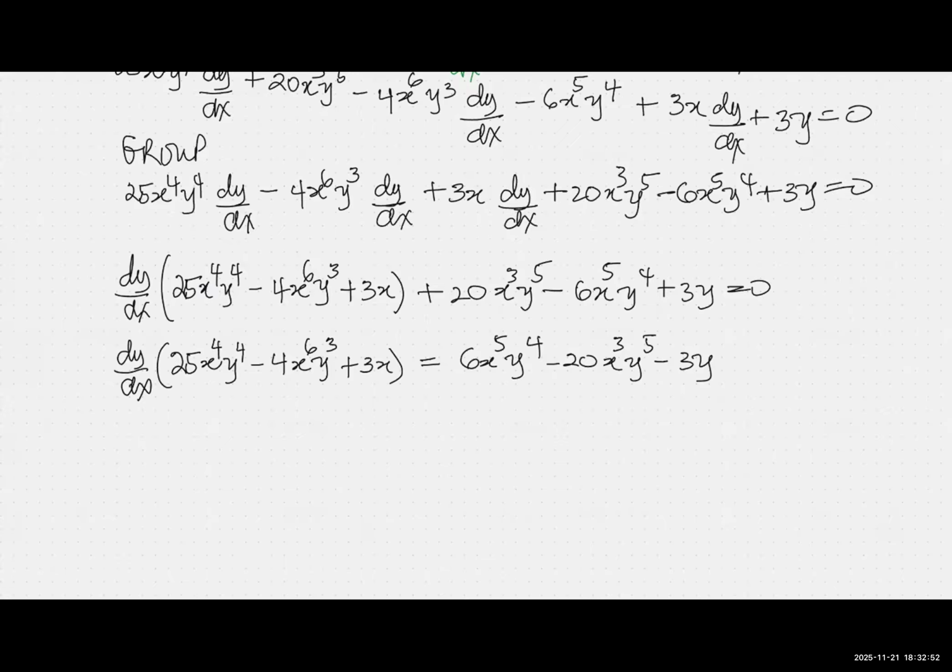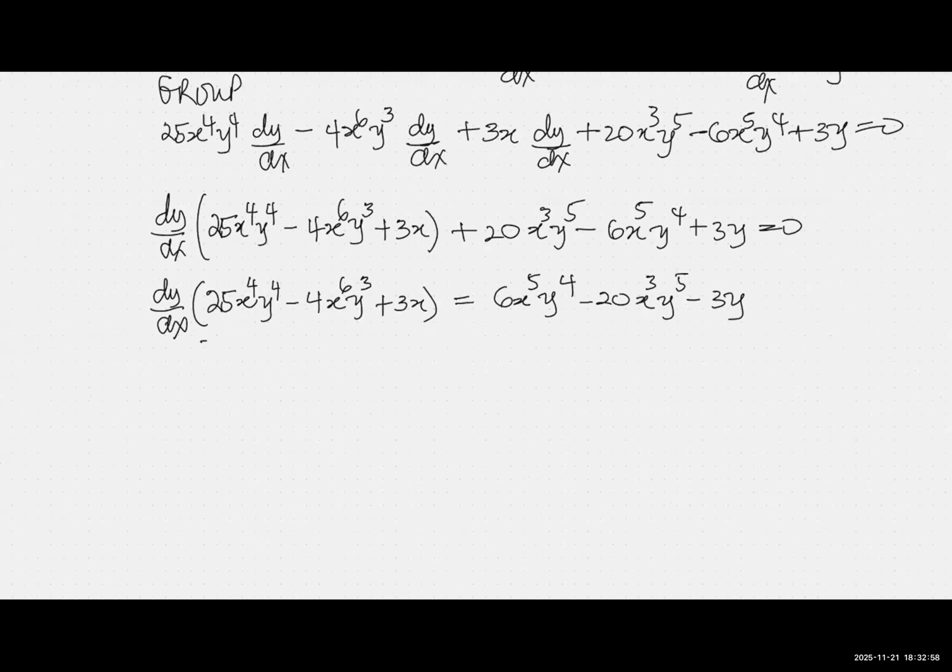Then I'm going to divide both sides by 25x to the fourth, y to the fourth, minus 4x to the sixth, y to the third, plus 3x, all over the same thing, 25x to the fourth, y to the fourth, minus 4x to the sixth, y cubed, plus 3x.